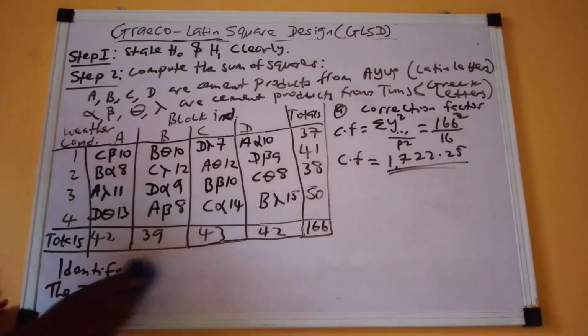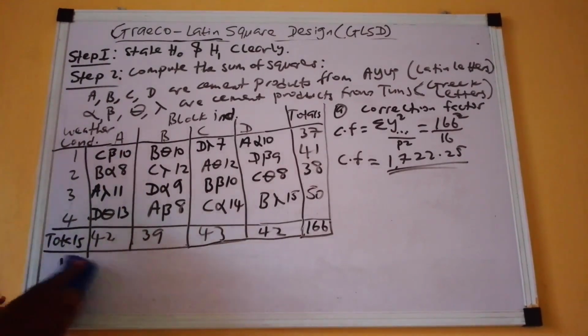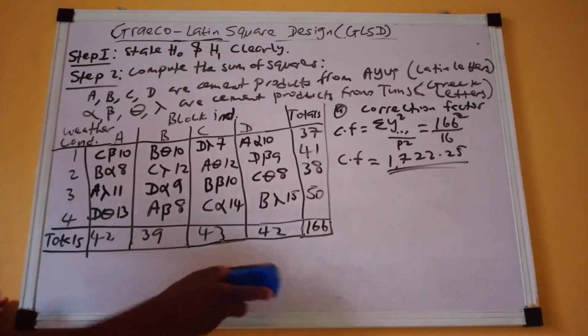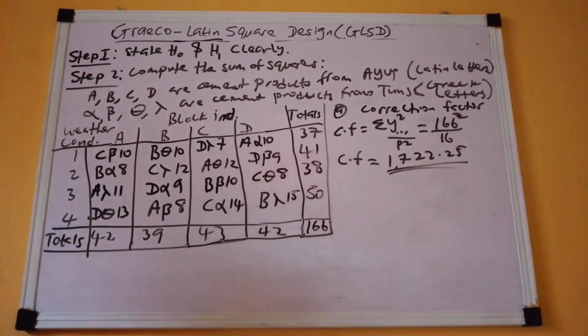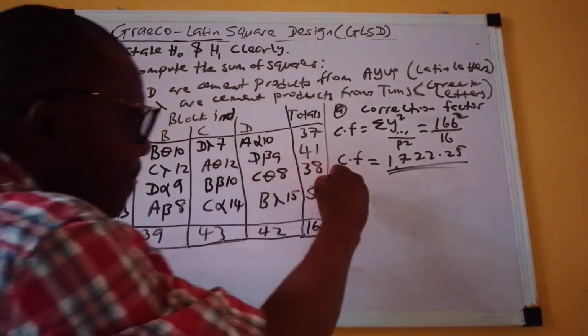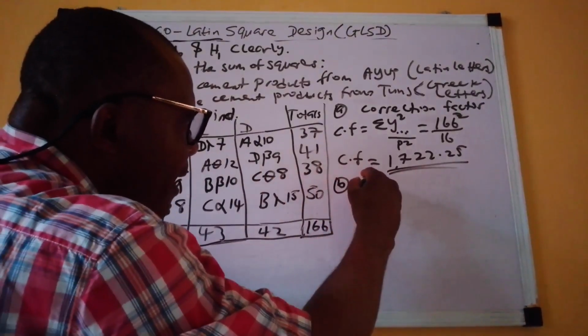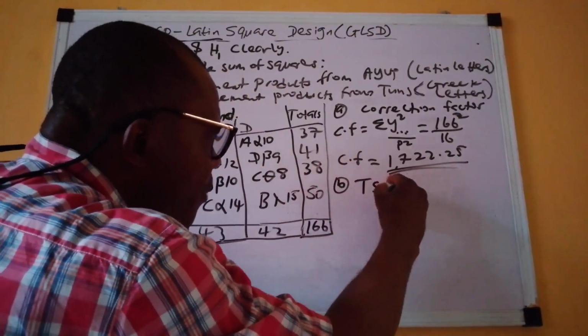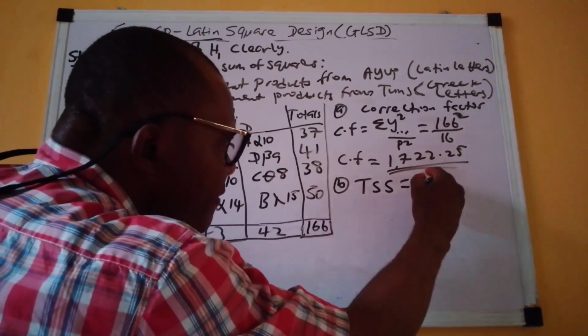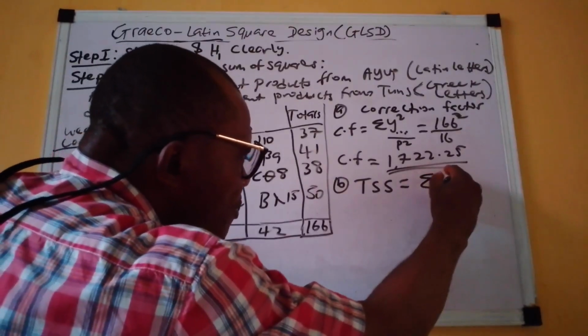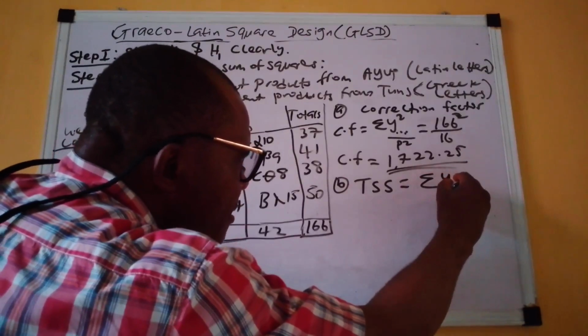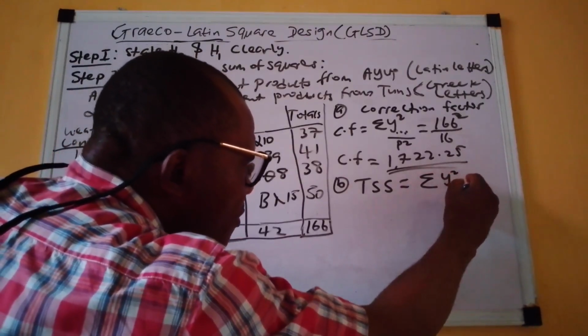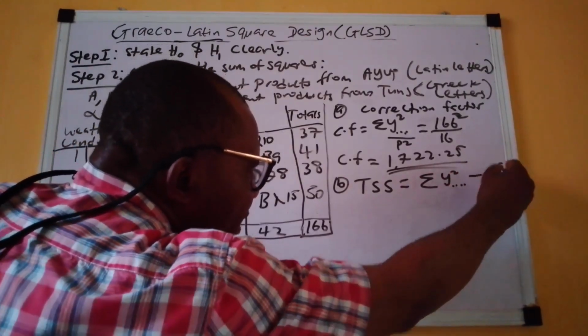Then the B. Note we have seen that the design is a Graeco. We have been able to establish the fact that the design is a Graeco Latin square design. Then the B is to calculate our total sum of squares, and that is given by the summation y squared dot minus the correction factor.